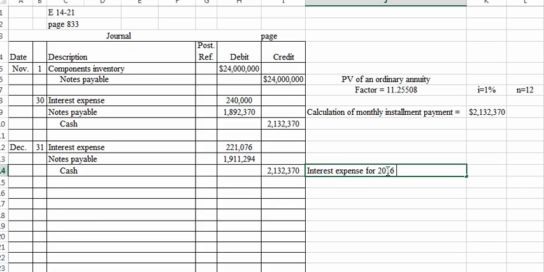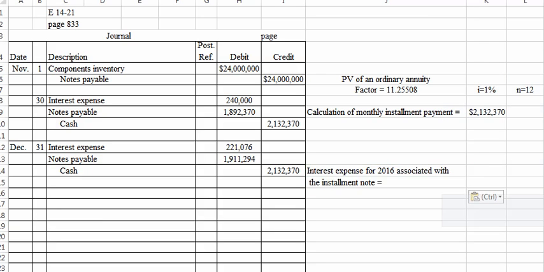Okay, so now our interest expense for 2016 associated with the installment note. Okay, sorry, I had to stretch that over a couple rows.